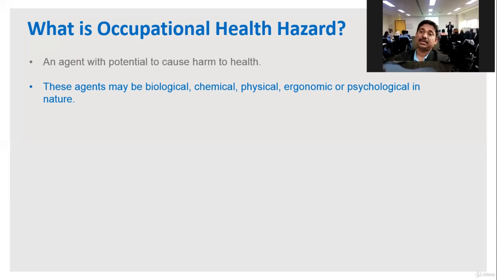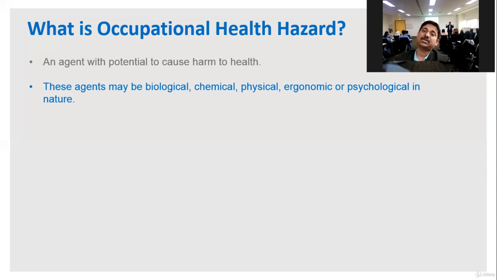Chemical, biological. So these are the chemical factors which will give problems to your health. Suppose you are working with a highly hazardous chemical in a laboratory or a paint company, where you will have a problem with your lungs and your breathing system, and respiratory hazards will develop in your body.